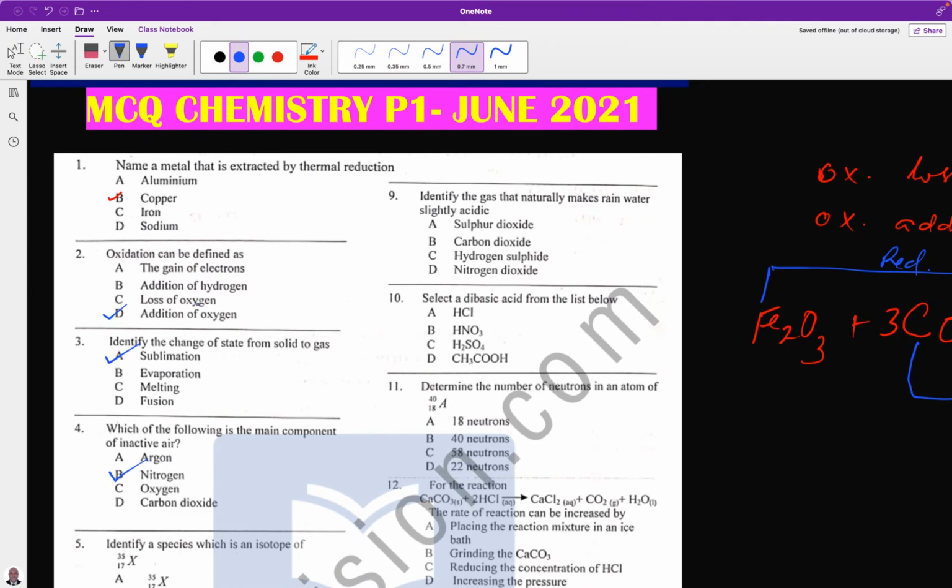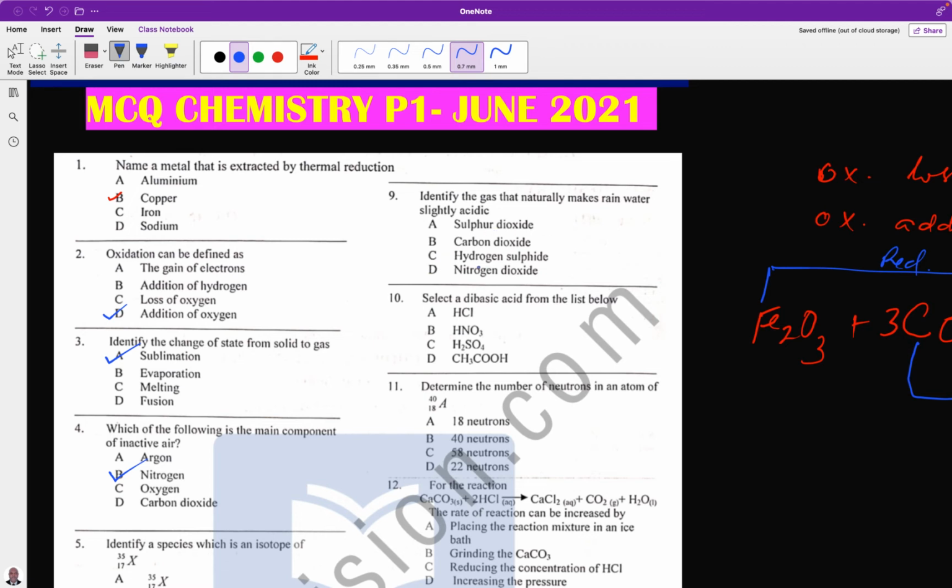Identify the gas that naturally makes rainwater slightly acidic. For rainwater to be acidic, it can be sulfur dioxide, because sulfur dioxide is an acidic gas, and it will make rainwater more acidic, and the pH will be really between 2 and 3.